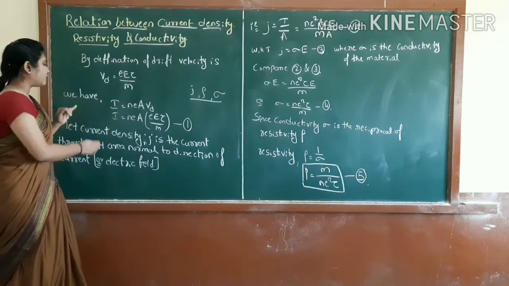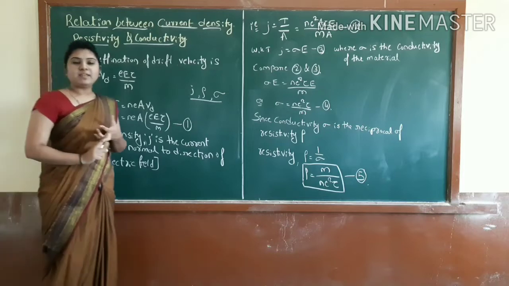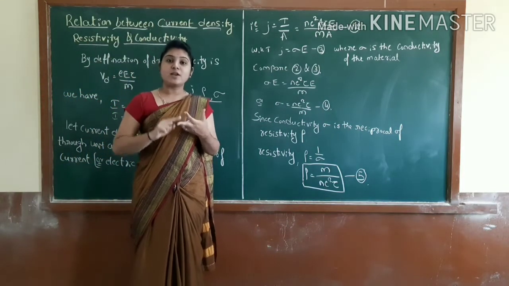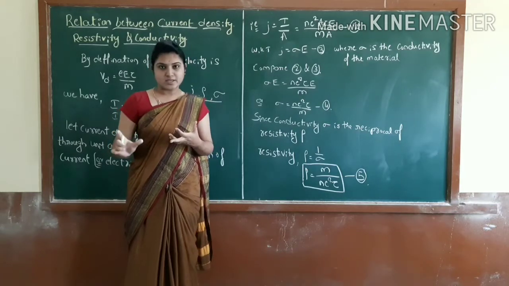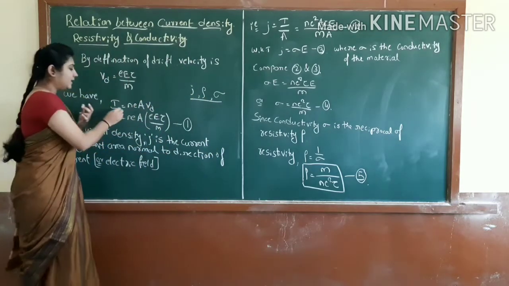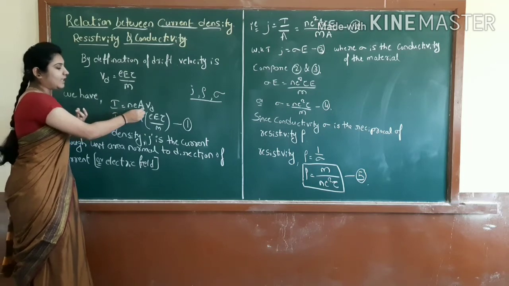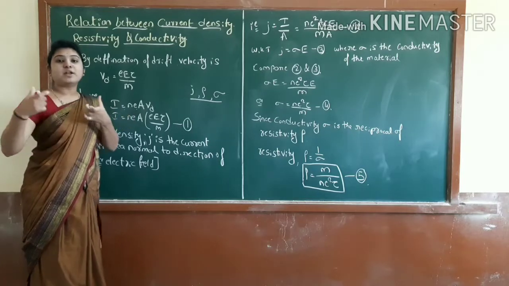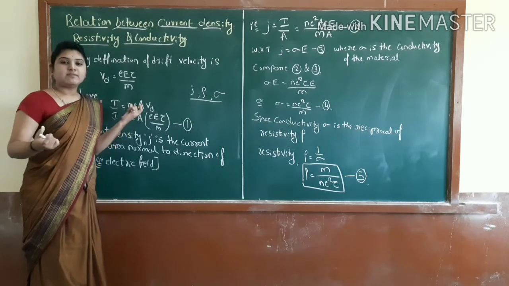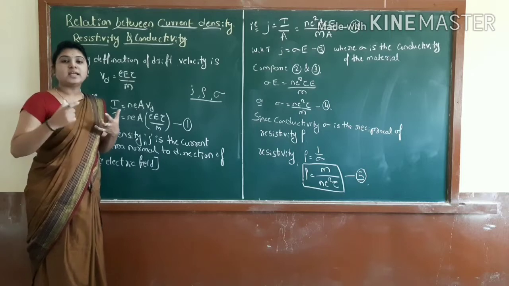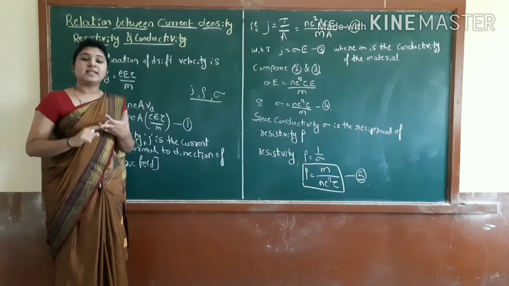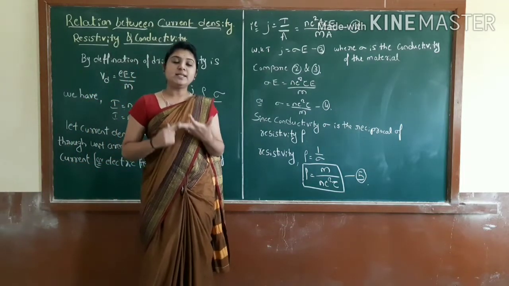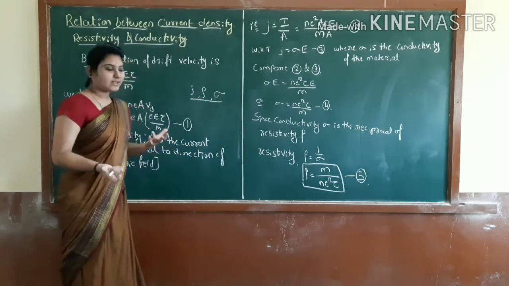Then students, in the previous class we constituted the relationship between the drift velocity and the current, correct? So what is that? I is equal to neAVd, right? So small n is the number of electrons, e is the charge of the electron, and capital A means area of the conductor, correct? So Vd is the drift velocity, right?